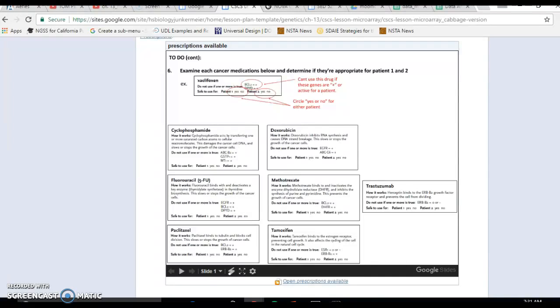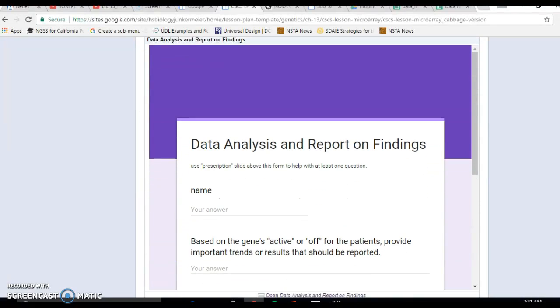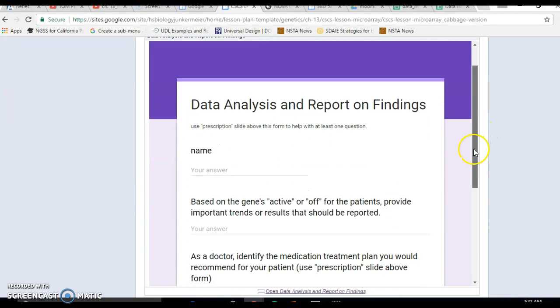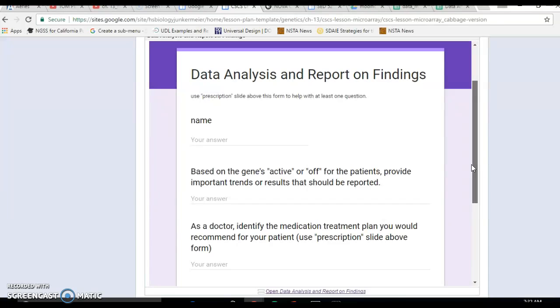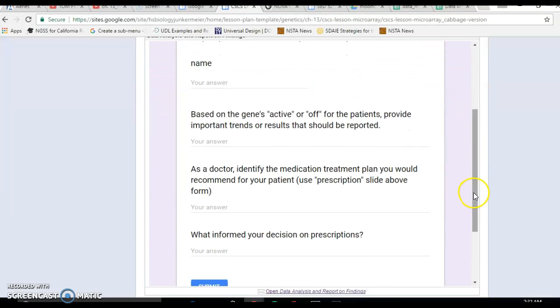All right, so you now know what prescriptions you feel are ideal or most appropriate for your patient number 1 or 2. So you go to the post-lab analysis, and this gives you your final opportunity to enter in information. You put your name, and each individual will submit their own analysis and report. You'd answer, based on the genes active, provide important trends or results that should be reported.